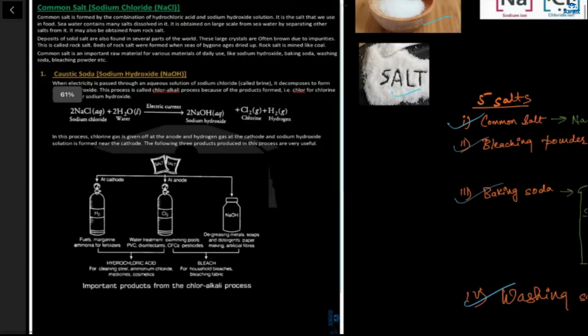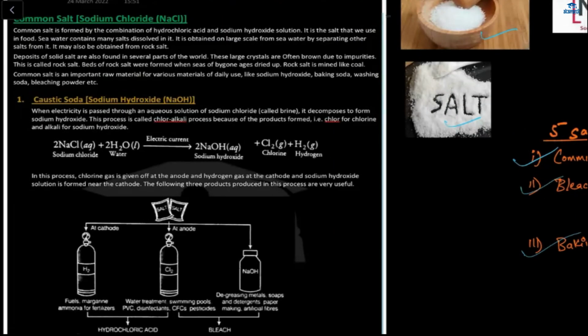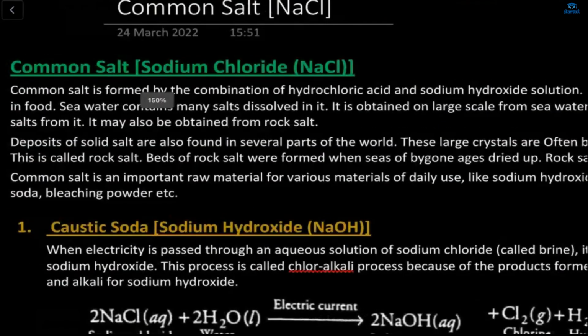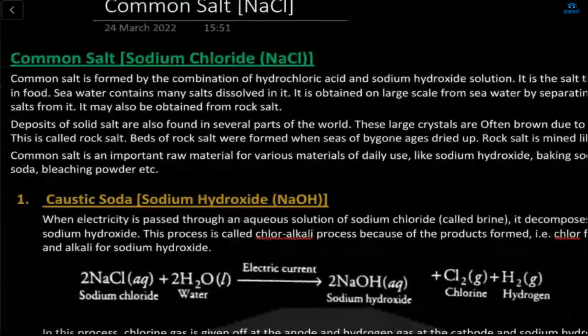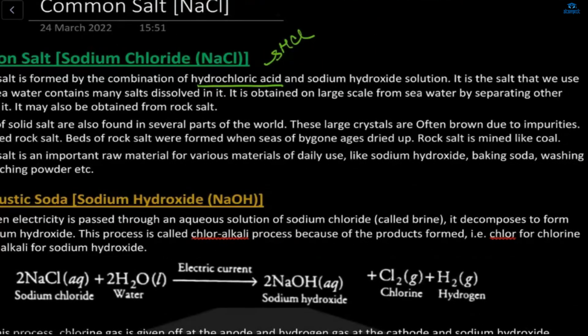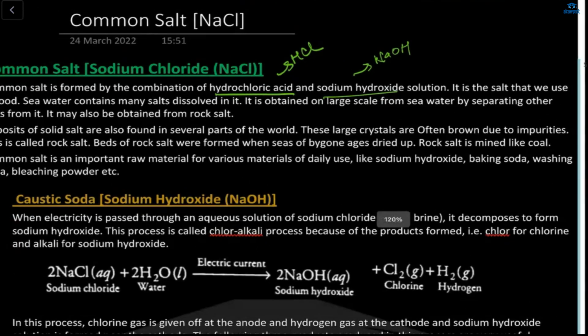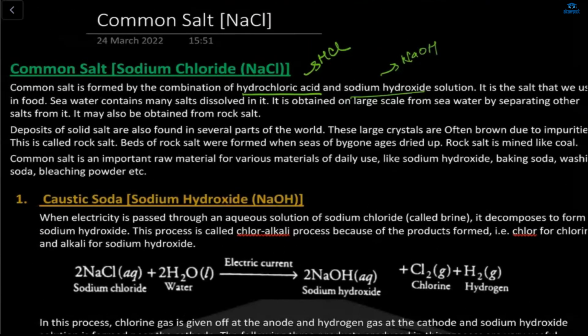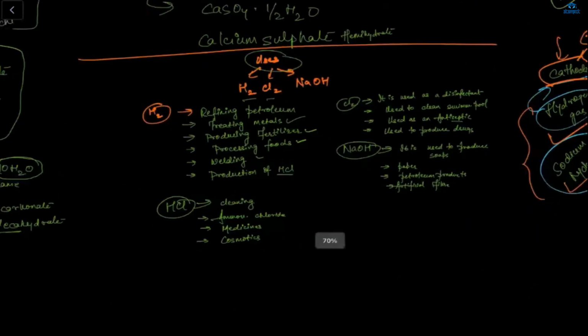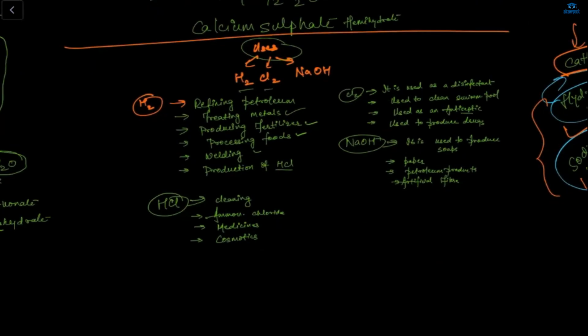Now let's go through this note. See, common salt, we already know it's NaCl. Common salt is formed by the combination of hydrochloric acid, which is HCl, and sodium hydroxide, which is NaOH. So here I wrote, let's talk about the use of HCl also.